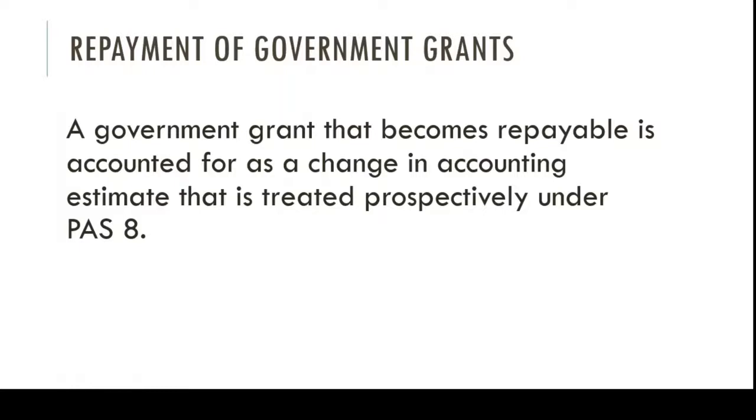And any cumulative additional depreciation that would have been recognized in the absence of the grant is recognized immediately in the profit or loss. Okay, so that is the end of the theory part.